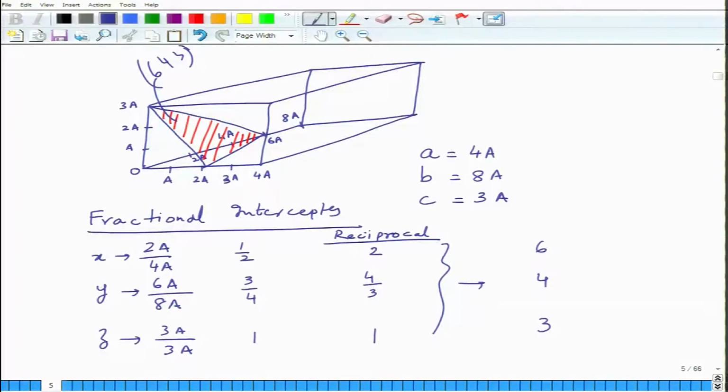So, let us do the same exercise for, let us say, this plane. Now for this, what is the fractional intercept along x? 1, 4a by 4a. What is the fractional intercept along y?